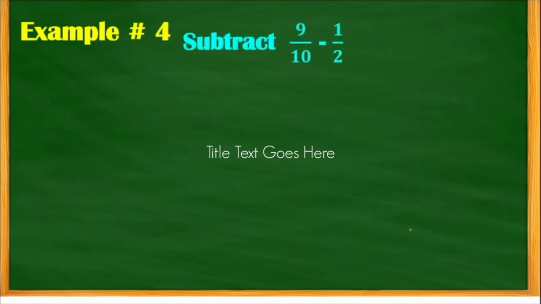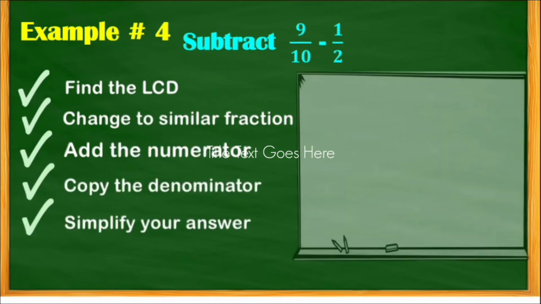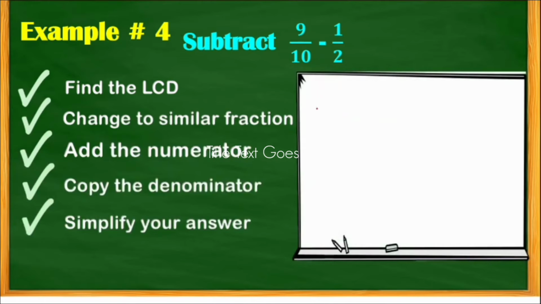Okay, for our last example for this lesson, we're going to subtract: 9/10 subtracted by 1/2. These are the steps. Let's proceed to our solution. 9/10 subtracted by 1/2. The LCD, least common denominator, of 10 and 2. Why 10 and 2?